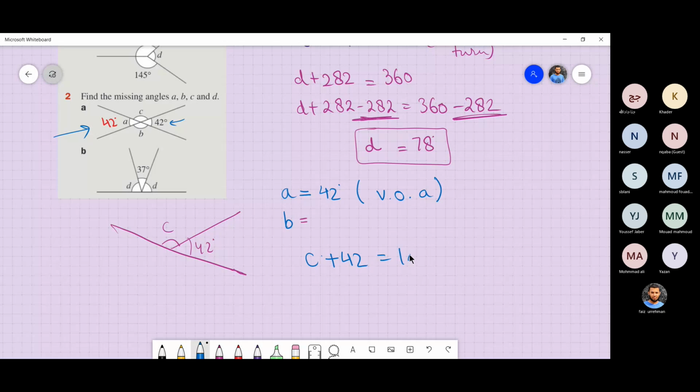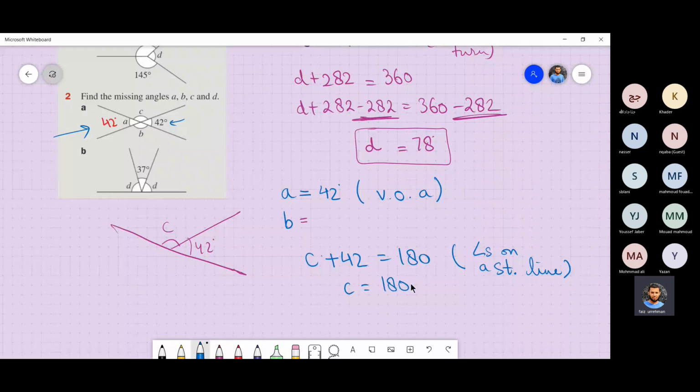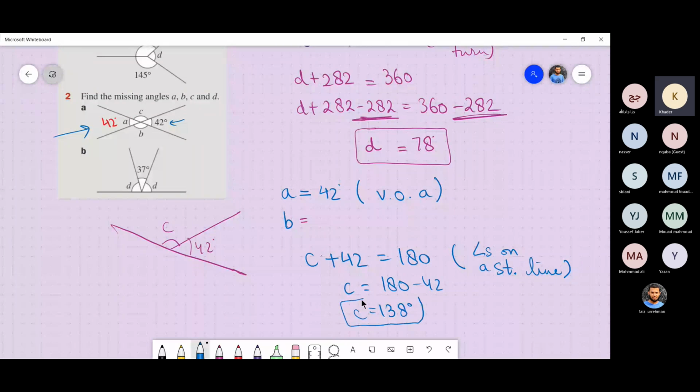Reason: angles in a straight line. So C will be 180 minus 42, which will give me 138. So in the place of C, we can write here in the diagram 138.